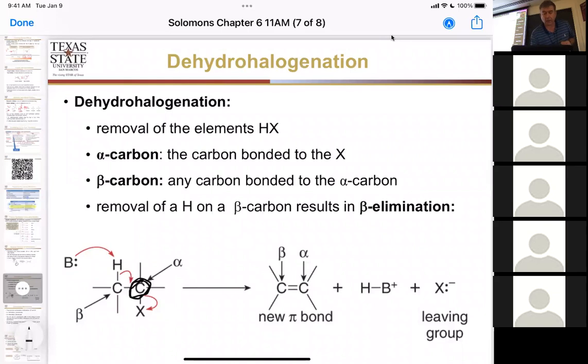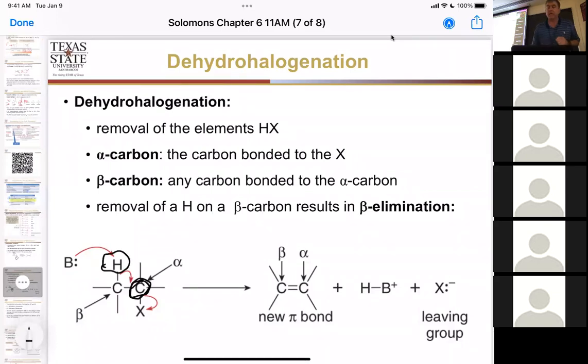So when we have that, we have these hydrogens here, and we call these beta hydrogens, okay? So whenever you have this elimination reaction, you're gonna look for the leaving group on your alpha carbon, and you're looking for beta hydrogens, okay? And that's why we call it a beta elimination, okay?